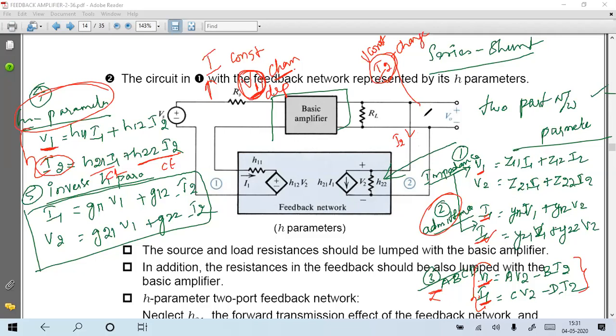Sorry, this is not I2, this is V2. The equation for the H parameter: this is V2. So what is the voltage between the points? The voltage between the points is V2. So if I connect H22 across, I can get H22 into V2.